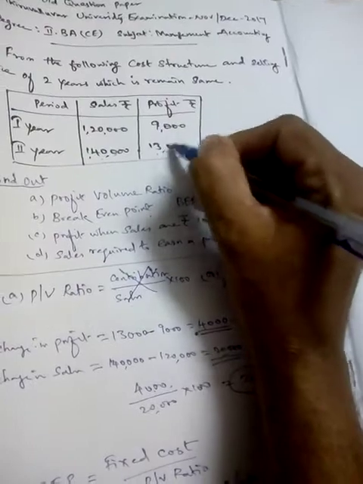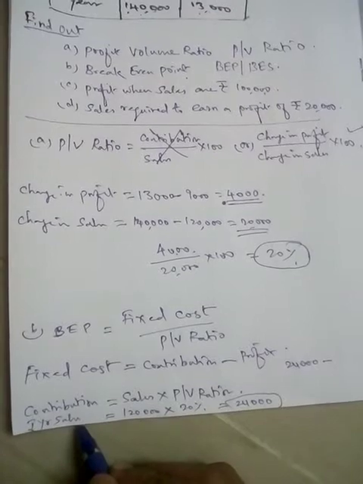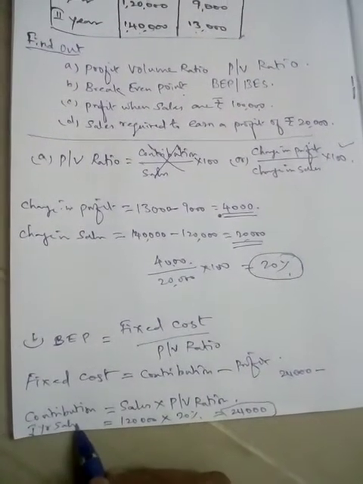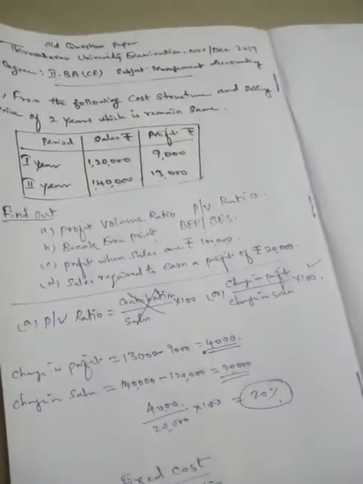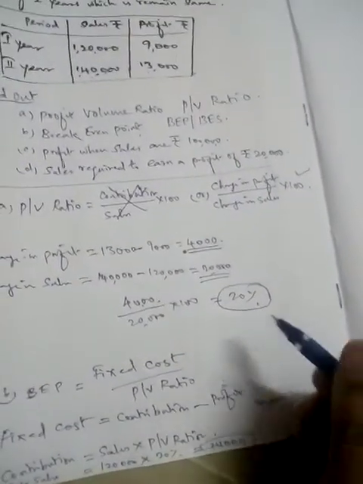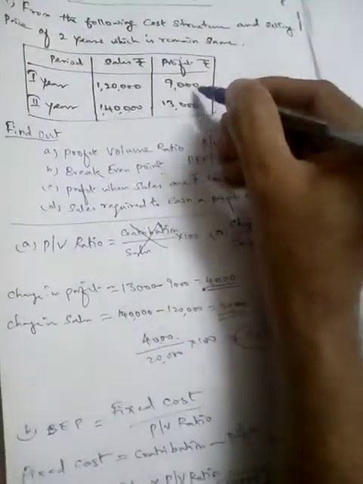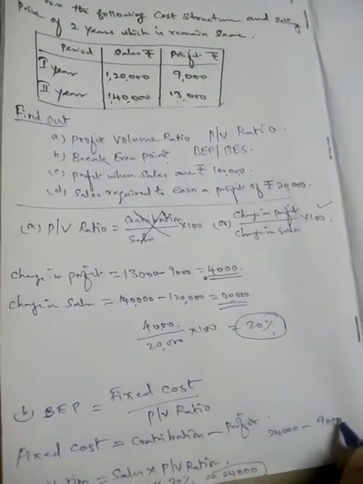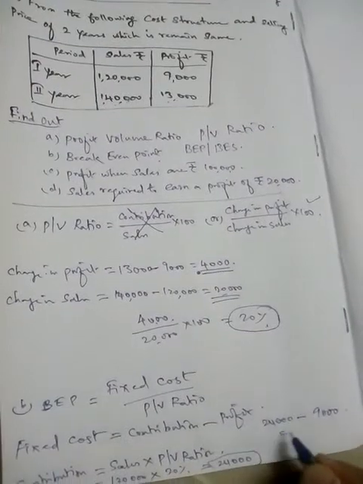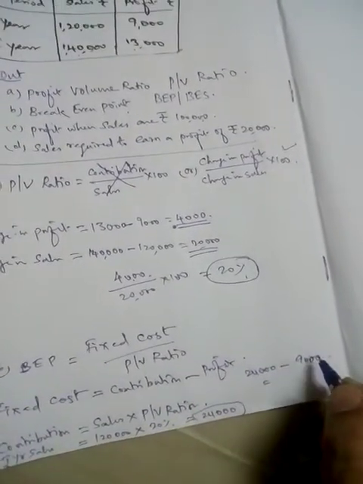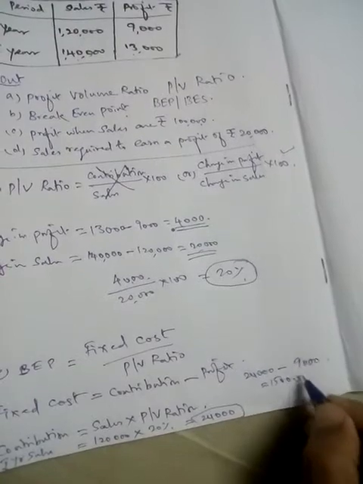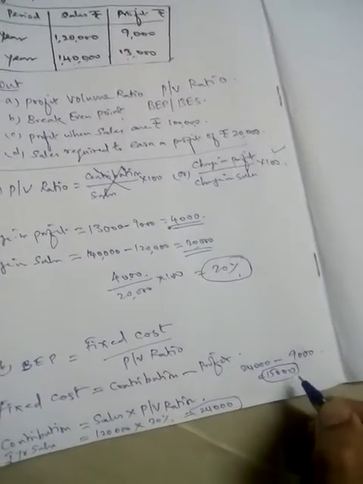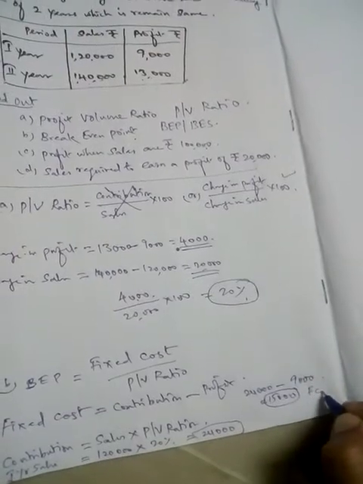Which profit should we take? Since we took the first year sales for the contribution, at the same time we have to take the first year profit, which is 9,000. So 24,000 minus 9,000 gives 15,000, which is the fixed cost.